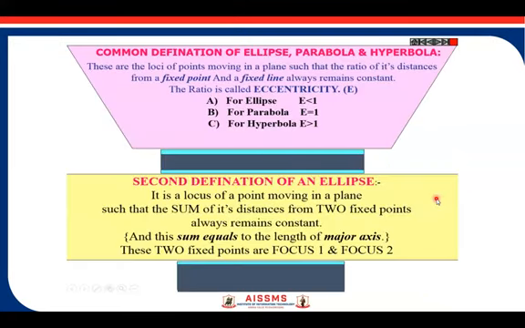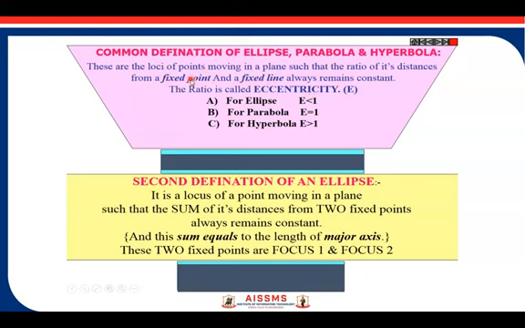The common definition of these conic sections can be stated as: these are the loci of points moving in a plane such that the ratio of its distance from a fixed point and a fixed line always remains constant, and that ratio is called eccentricity.